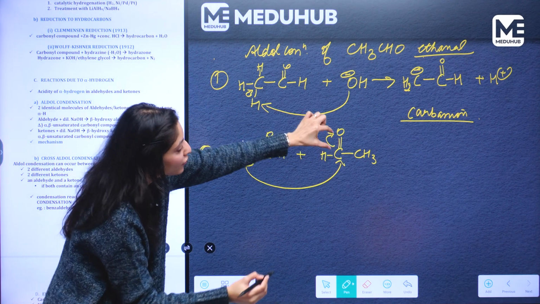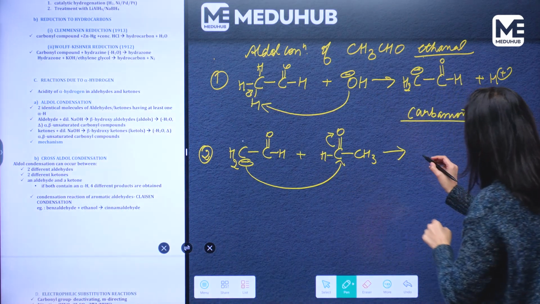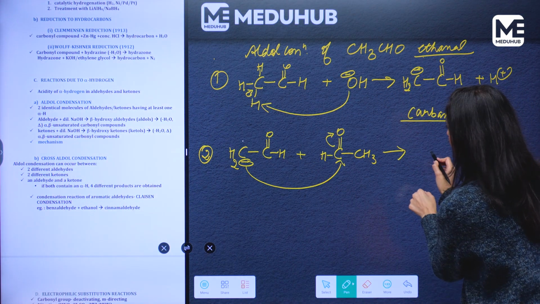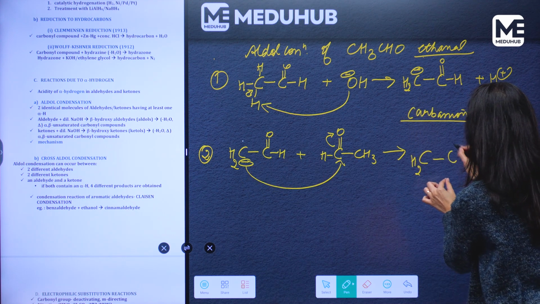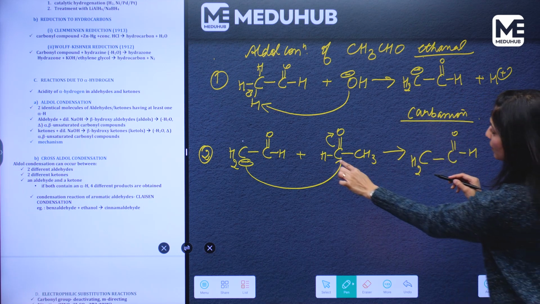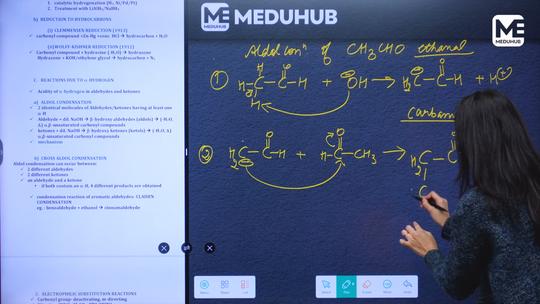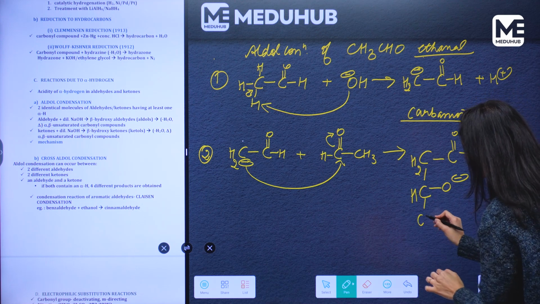This electron pair will move to the oxygen atom and we will get CH2 CHO attached to this carbon. Now this carbon is getting added, O minus and a CH3.